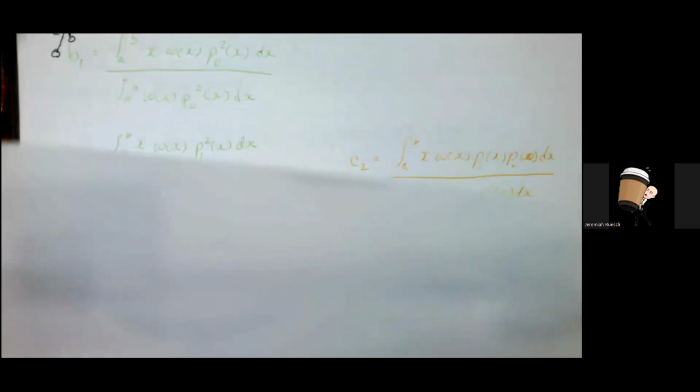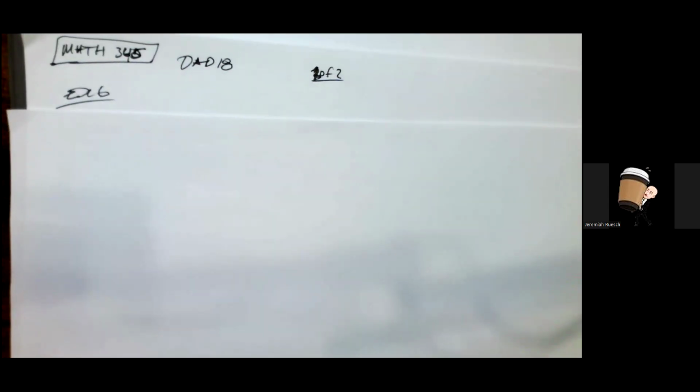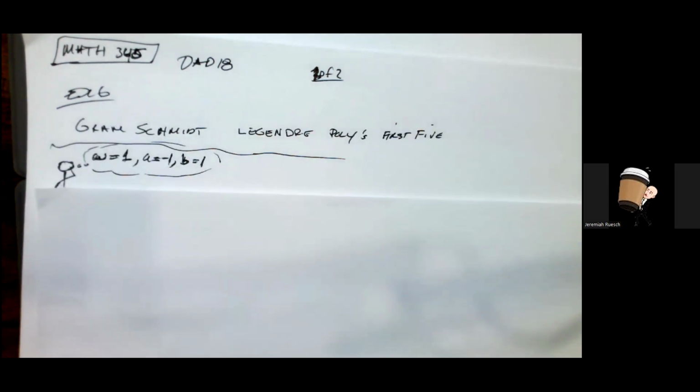Example five we did in the notes, so we'll jump to example six here. Example six is a fun one. This one is a Gram-Schmidt orthogonalization for the least squares. It wants us to do it with the Legendre polynomials, so find the first five.